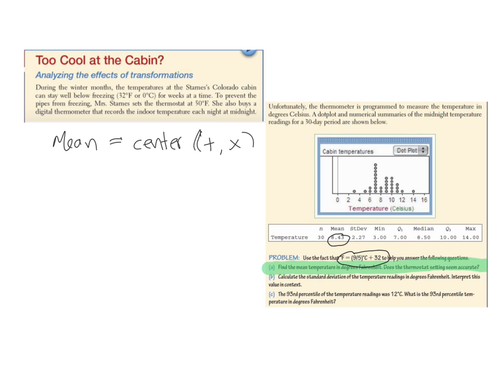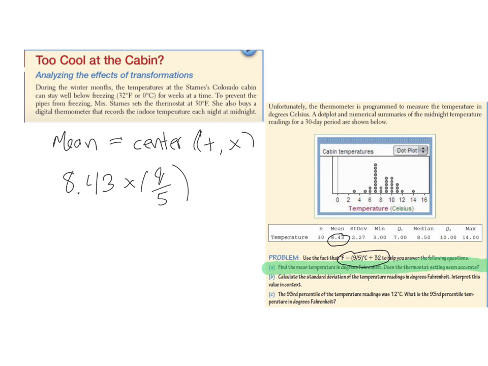So here's what we're going to do. We're going to multiply. Our mean is 8.43, so we're going to multiply that by the 9/5, because we'll do that transformation first. Using my calculator here, that's going to equal 15.174.